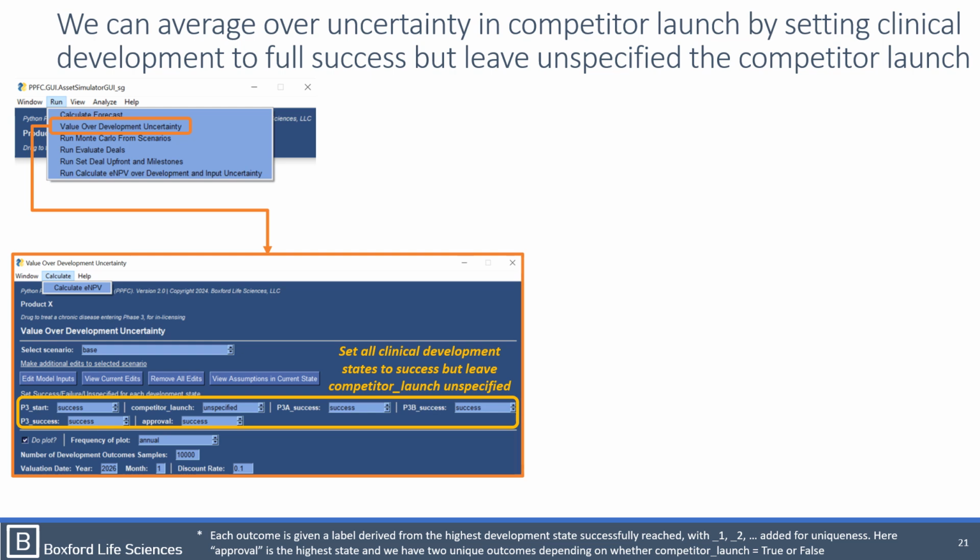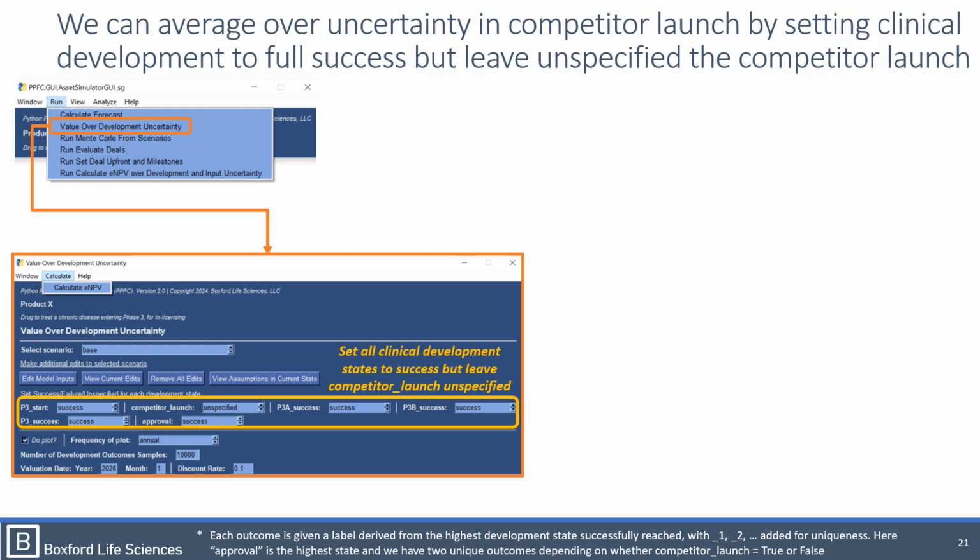Since we can calculate a forecast in a specific development outcome, we can move under the run menu to value of a development uncertainty to calculate what the expected value is averaged over all the different possible random outcomes consistent with partial specifications that we supply.